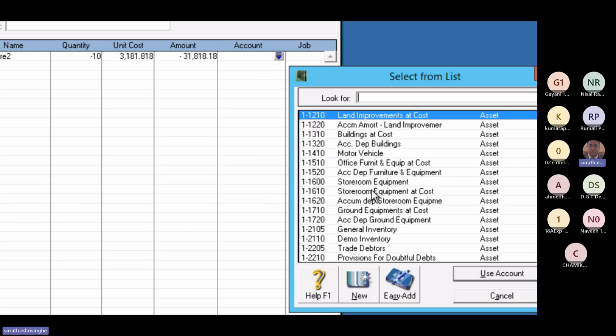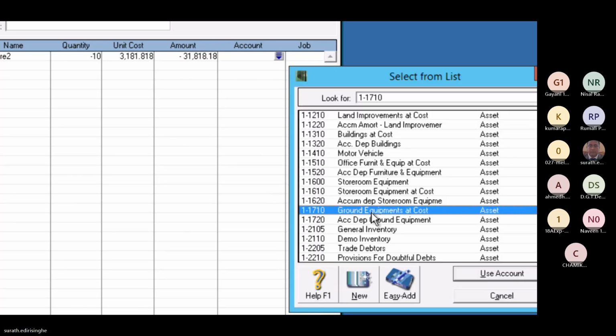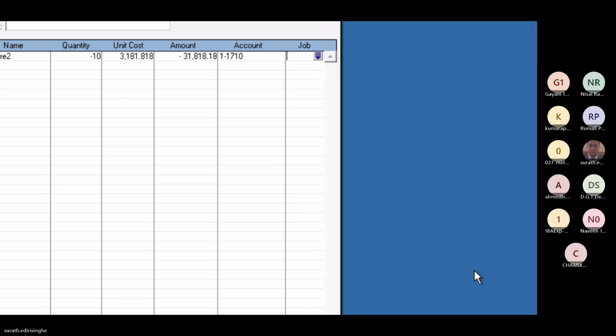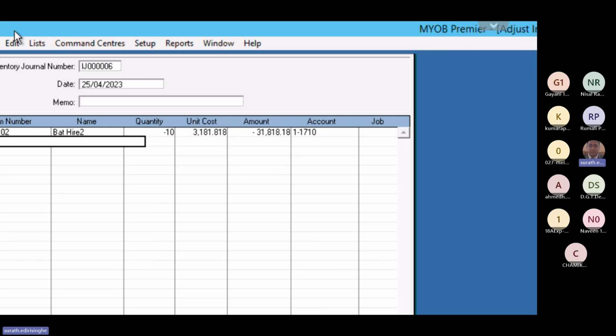Then capitalize to the ground equipment cost. Complete. If you put the memo number, bat tire 01. Record. Complete.